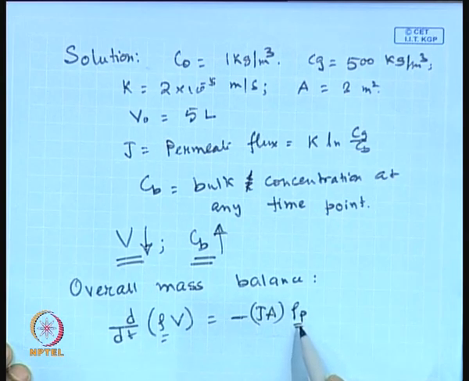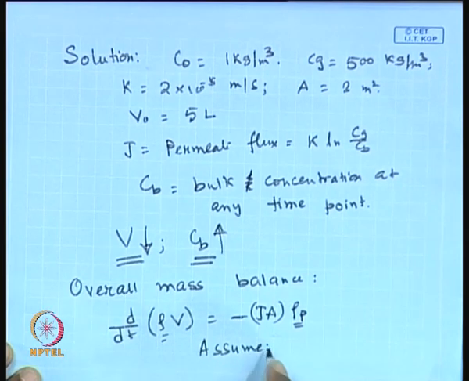In the permeate stream there is no solute, but the retentate stream, the bulk stream, is laden with the solutes. So, the concentration of solute is more in the bulk, but since density is a weak function of concentration, we can assume that rho in the bulk and rho of the permeate will be almost equal. That is an assumption, and it is a valid assumption because density is a very weak function of concentration.